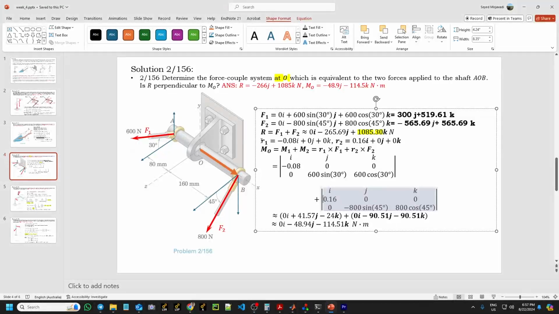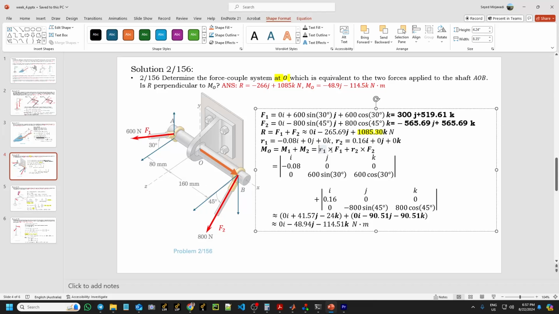After finding the R1 and R2, we want to find the moment at the point O. So we need to find R1 cross F1, and R2, the orange vector, cross F2.